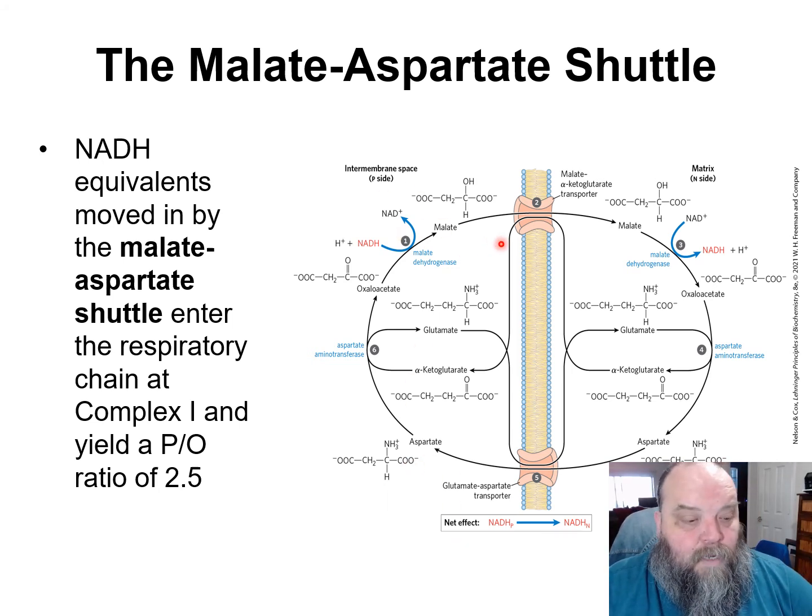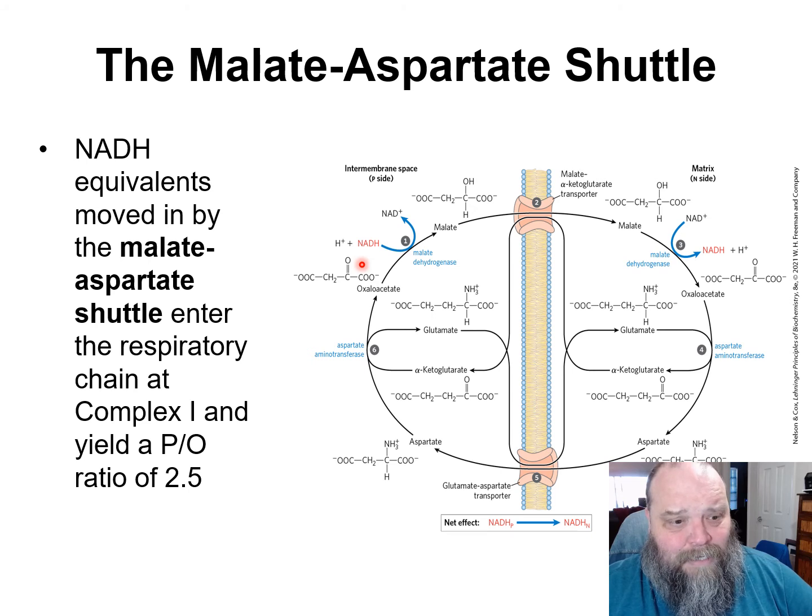When you look at what's happening here, they call these NADH equivalents. The NADH that's actually made by glycolysis, the NADs that are reduced to NADHs, don't actually travel into the mitochondria. No, that's what they mean by this equivalence.